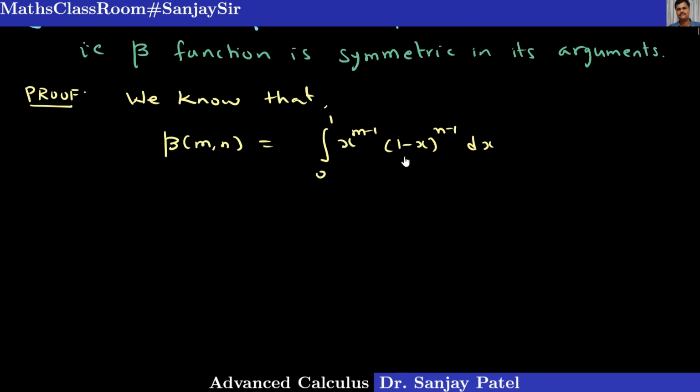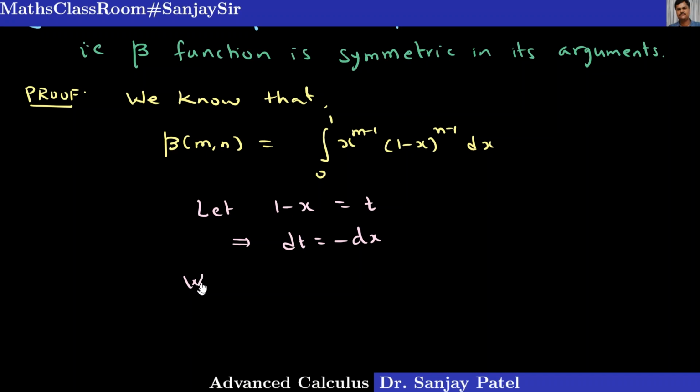I will replace 1 minus x by some other variable. So let 1 minus x is equal to t, and whenever we take a substitution in a definite integral, we must change the limits of integration as well as the differential and all the variables in terms of the new variable. So first of all, dt is equal to minus dx, differentiating both the sides.